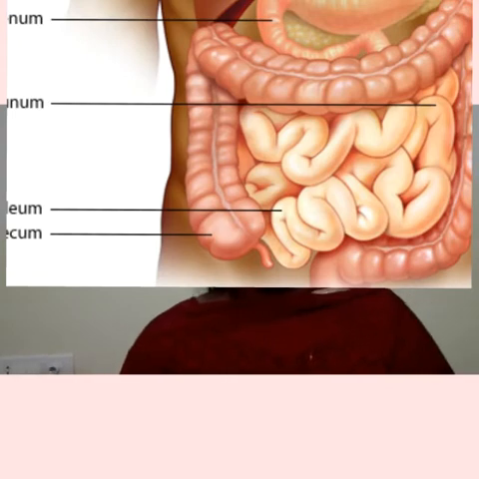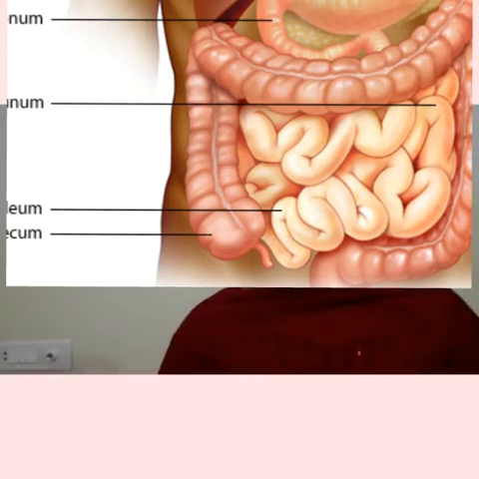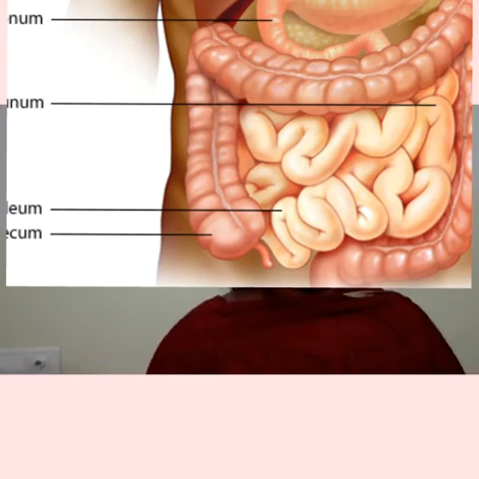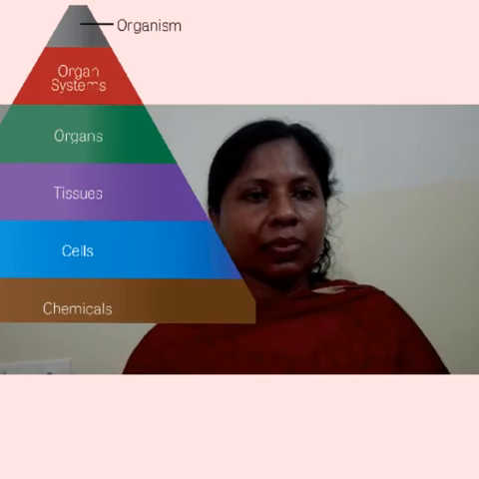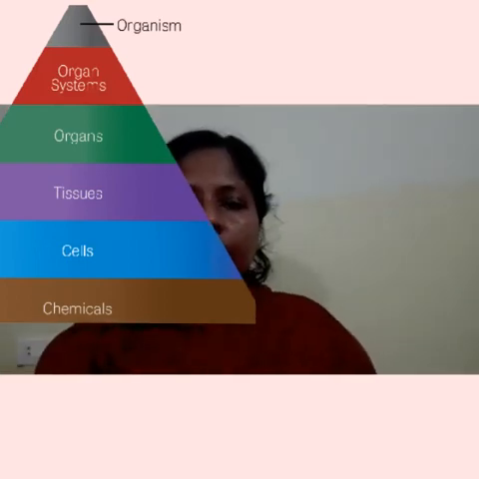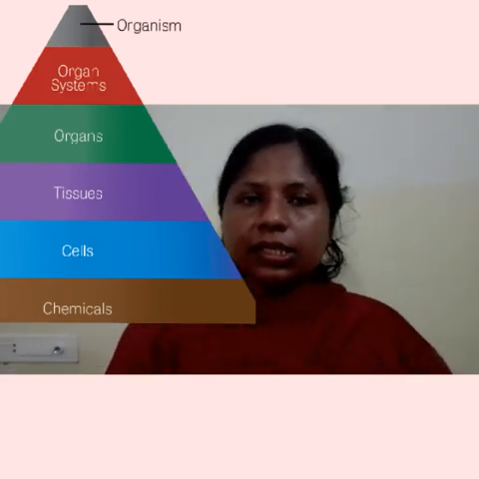Then here you can see one organ system, that is the digestive system. What do you understand from this? Tissues are joined together to form an organ. Different organs join to form an organ system. Here, the digestive system is an example of an organ system.